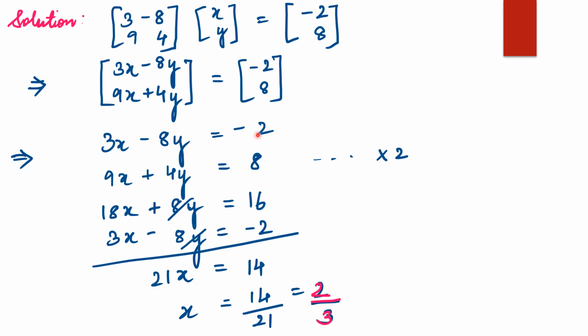3x minus 8y is equal to minus 2. 9x plus 4y is equal to 8, and when you multiply it by 2 we get 18x plus 8y is equal to 16.